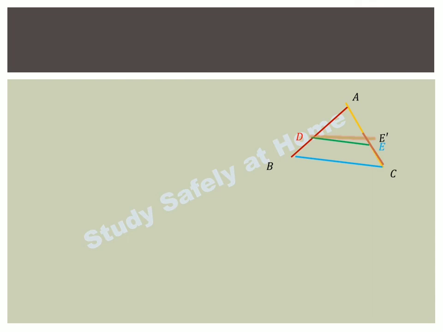Actually, this cannot happen. Observe, how can E dash C be equal to EC? This cannot happen, as you saw in the figure, if E and E dash are different points. So what happens? They must coincide.